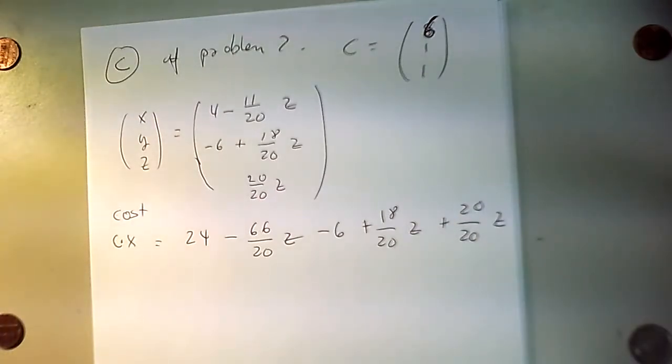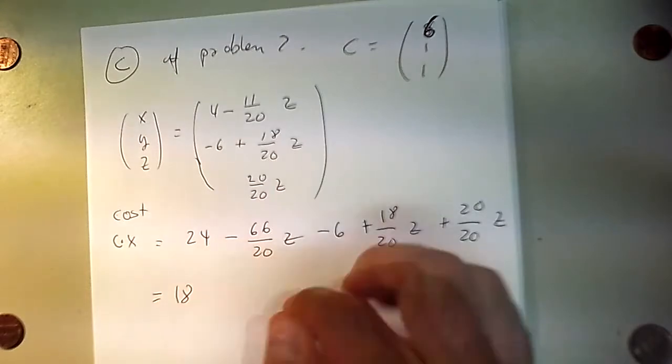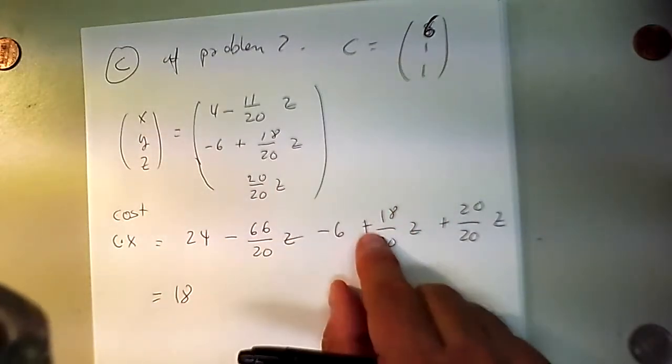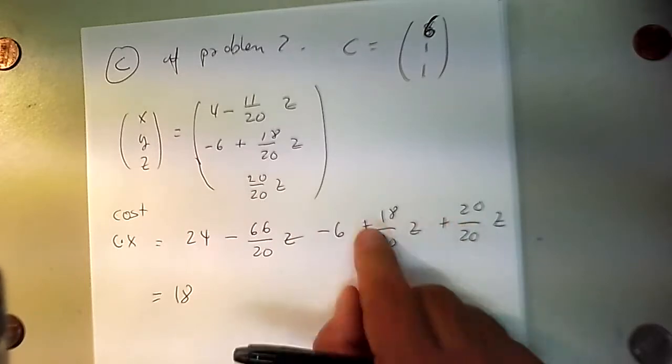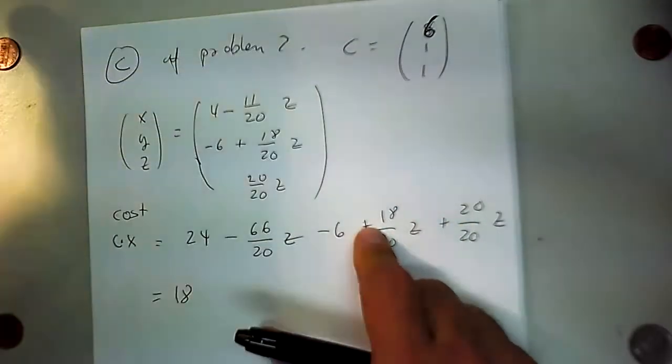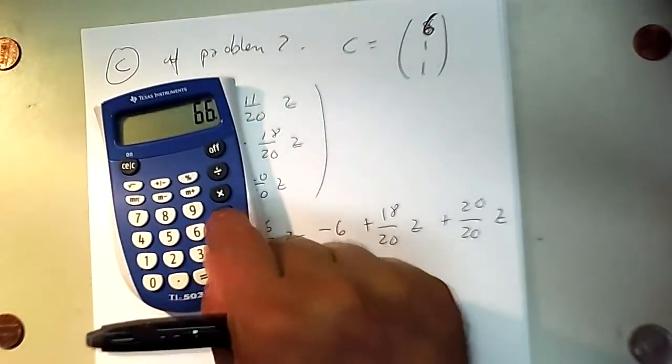Man, that makes a good problem. So 20 minus 6 is 18. Okay. Now, negative 66 plus 20 is negative 46 plus 18. I'm just going to do this because I don't want to make a mistake.